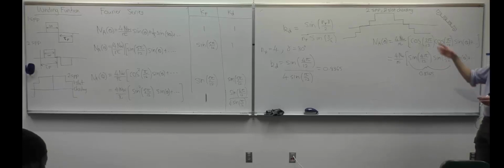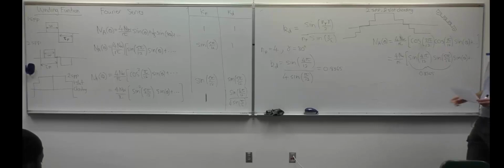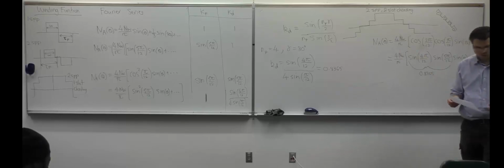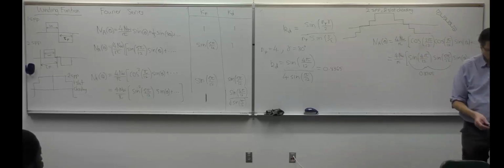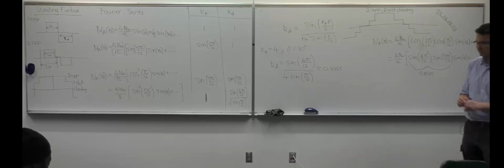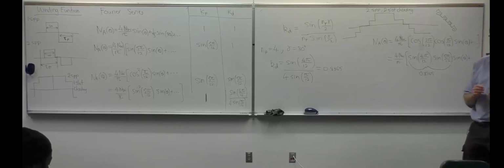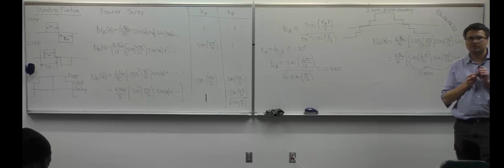The pitch factor and the distribution factor allow you to get the magnitudes for the windings, but they, in my opinion, somewhat cloud what's going on compared to the Fourier analysis. So after the break, I'll talk about winding connections and two other factors we have to take into account. Okay, thanks.